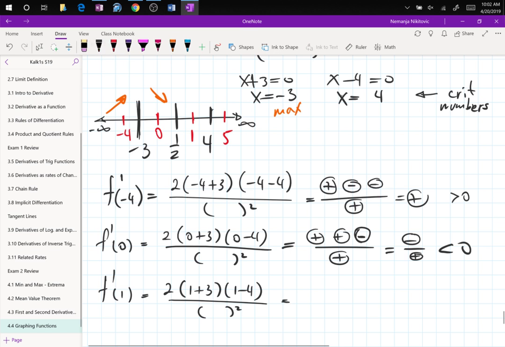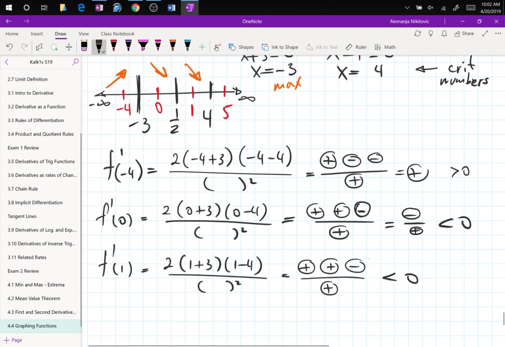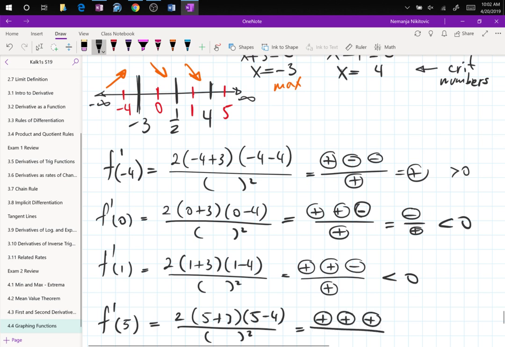It's a positive, times another positive, times a negative, divided by a positive. It's all negative, so we have a decrease. And finally, f prime computed at 5. It's 2(5+3)(5-4) divided by something squared. Positive, positive, positive, positive, larger than 0, which gives you a minimum here.